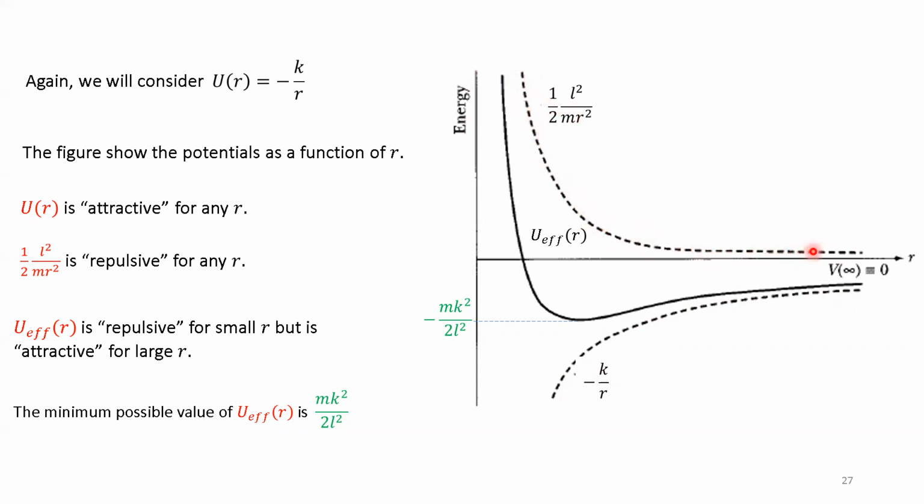The entire effective potential is what you get when you add this curve to the other curve. Then the shape you get for the effective potential is this solid line over here.